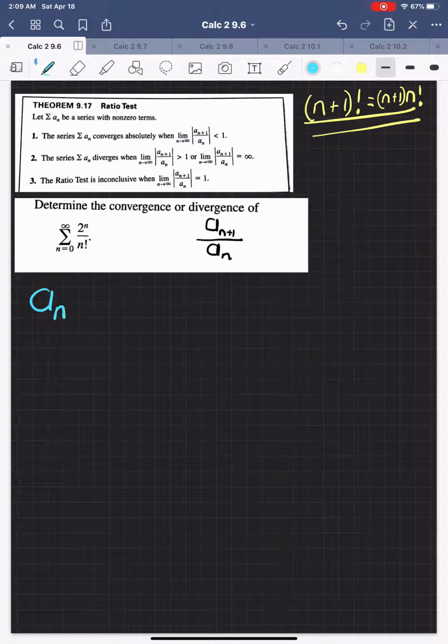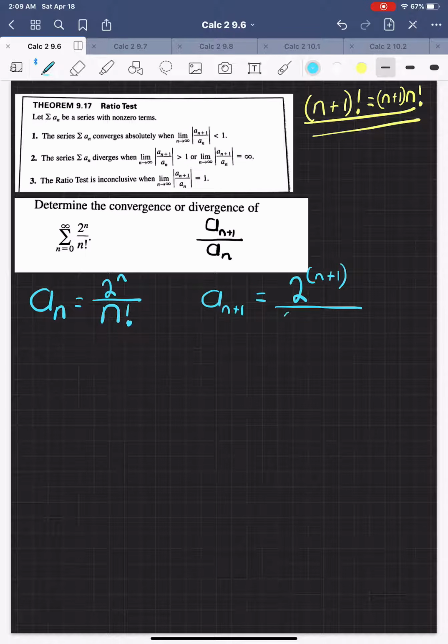In this case, a sub n is going to be exactly what we were given in the very beginning, which is 2 to the power of n over n factorial. And now let's go ahead and find a sub n plus 1. All right, no problem. You're just going to substitute an n plus 1 in for the n. So this is going to be 2 to the power of n plus 1 over n plus 1 factorial.